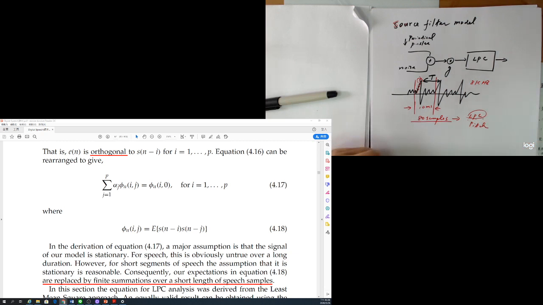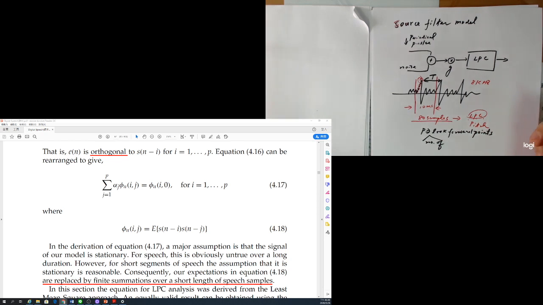Here, what's the P? P is how many points we look forward to do the prediction. So P is the number of look-forward points.